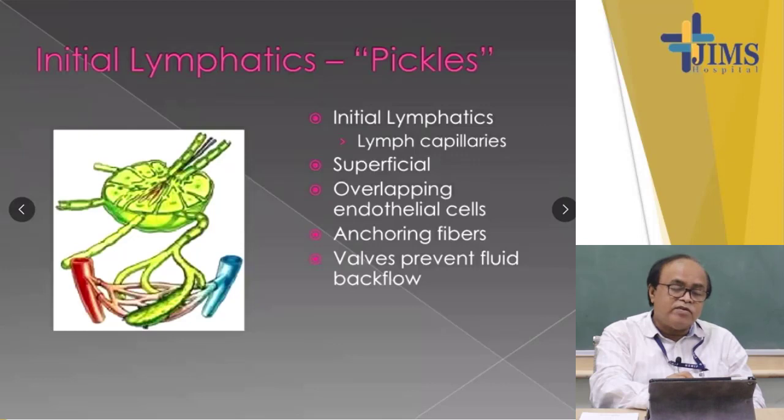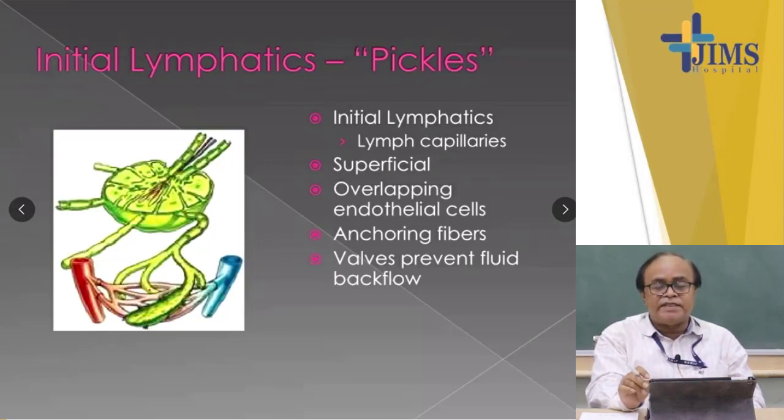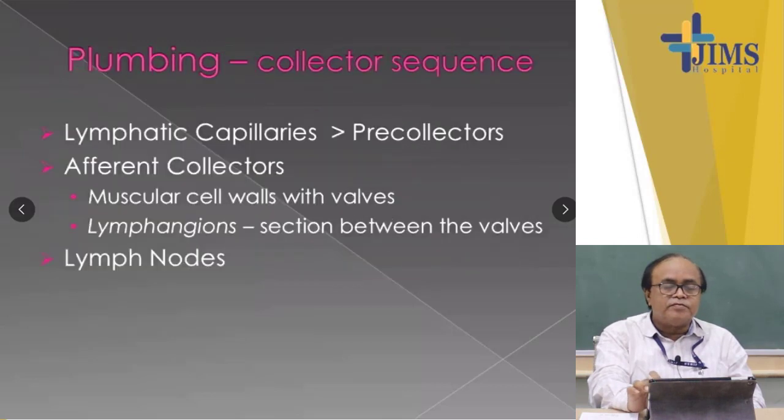between capillaries and venules, in that structure there lie overlapping endothelial cells of the initial lymphatics, the lymph capillaries. Lymphatic capillaries drain to pre-collectors. These are called afferent collectors.